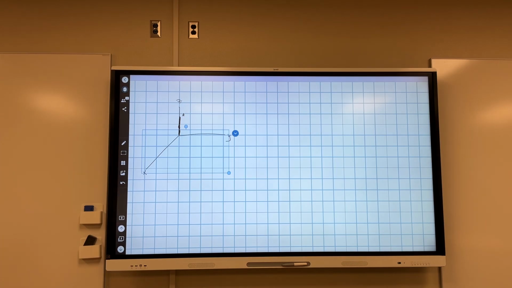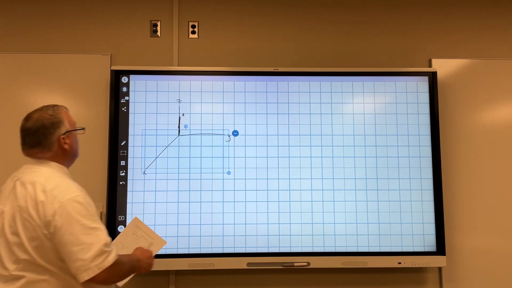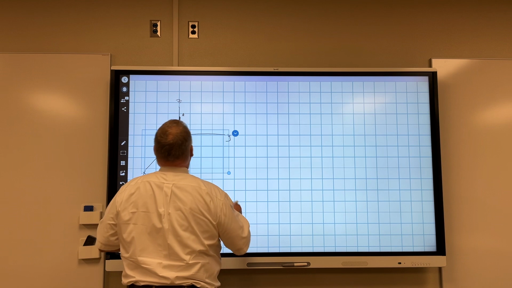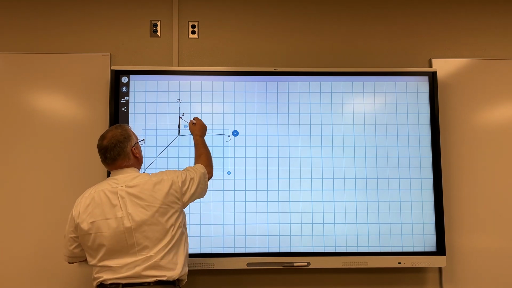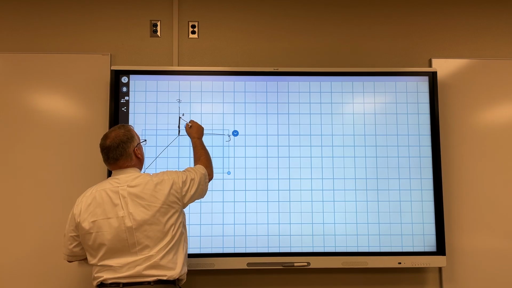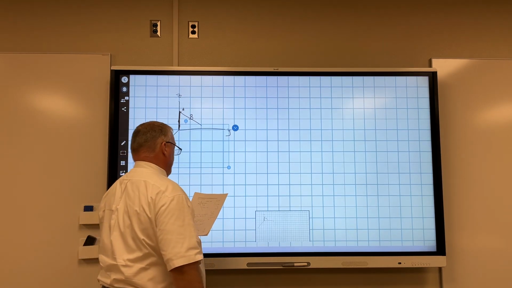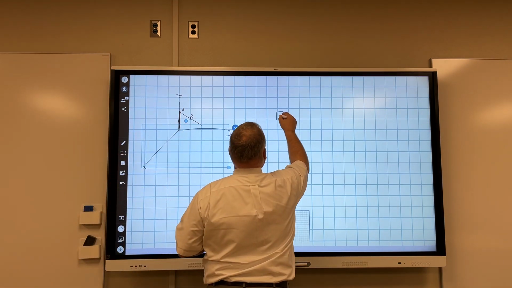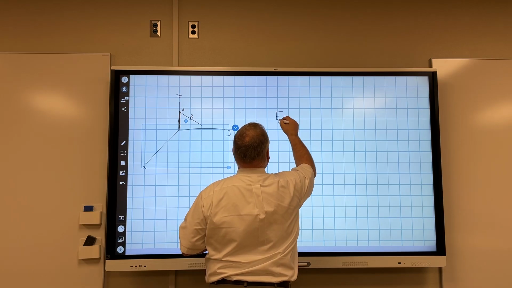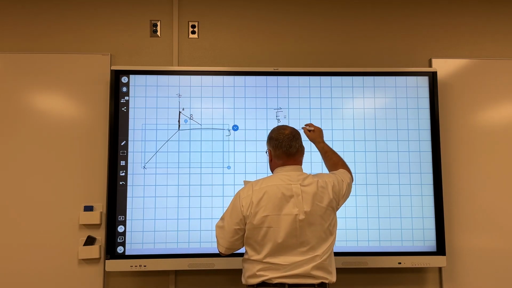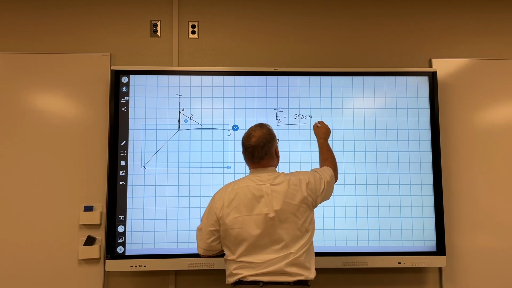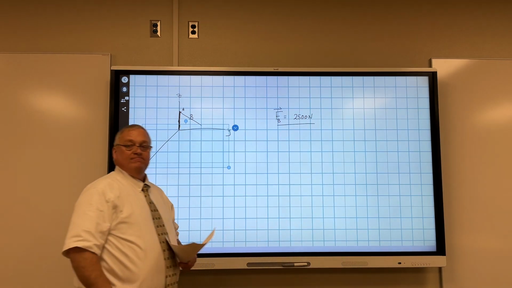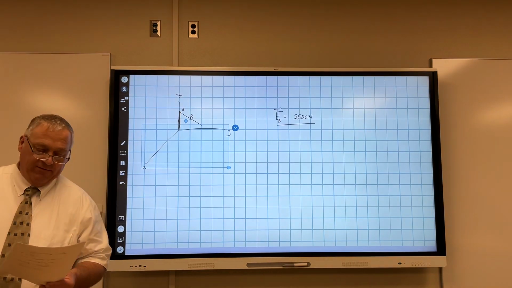Well, on this fence post, we exert a force. A force B. This force B is equal to 2,500 newtons. That force B is 2,500 newtons.